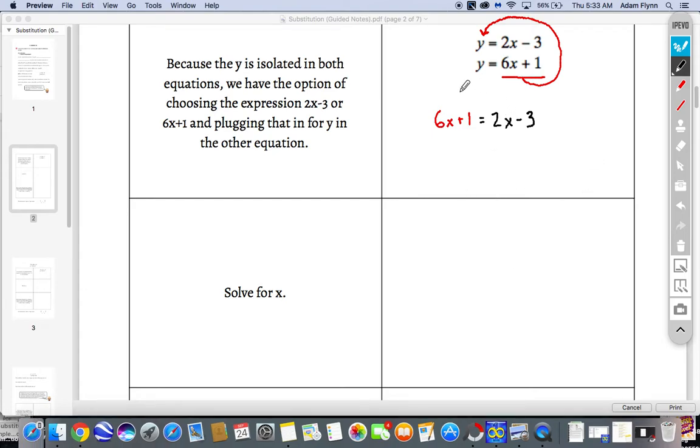So what I'm going to do, I'm going to take this equation now and solve for x. So I've got 6x plus 1 equals 2x minus 3.